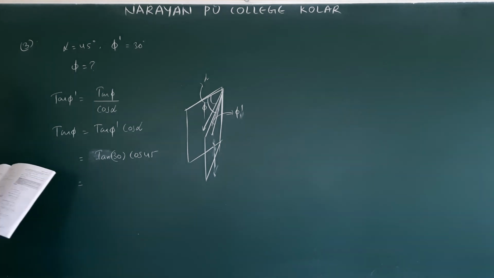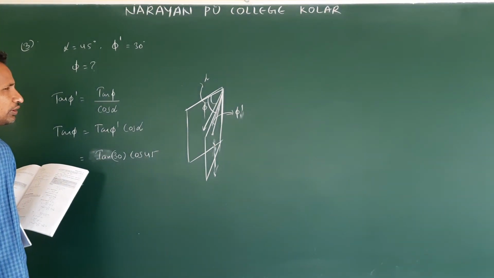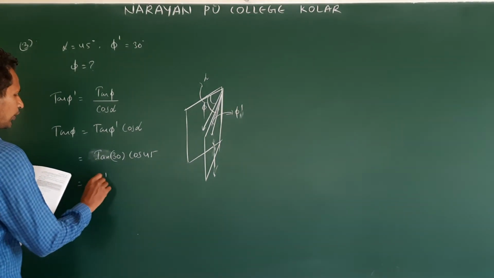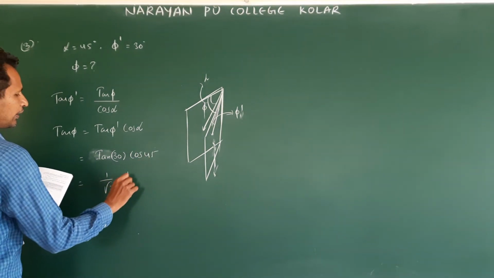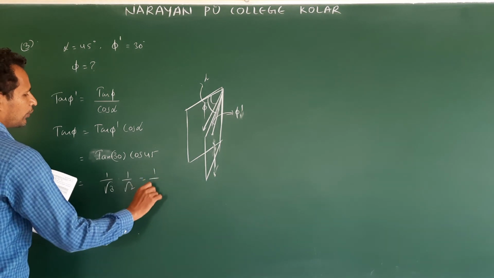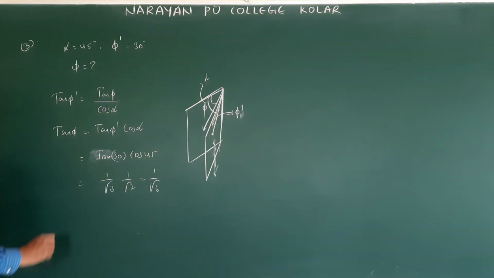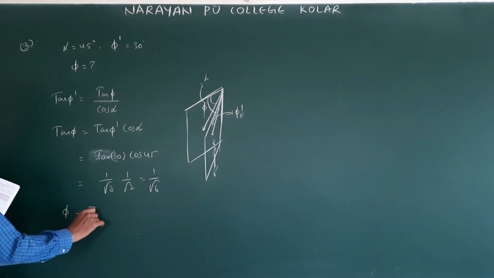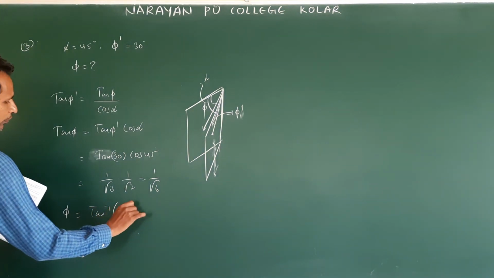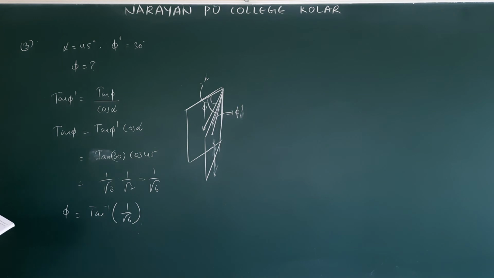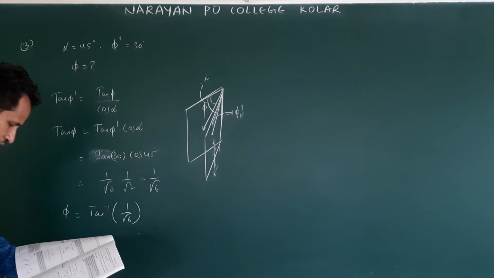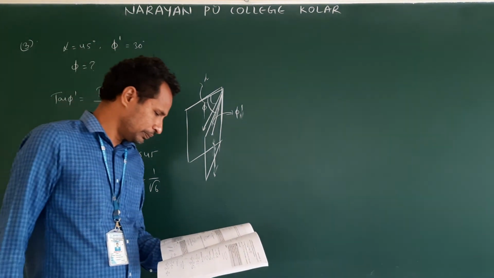Sin 30 by cos 30, 1 by 2 divided by root 3 by 2, so this is 1 by root 3, cos 45 is 1 by root 2, this is 1 by root 6. Then phi is equal to tan inverse of 1 by root 6. Clear?